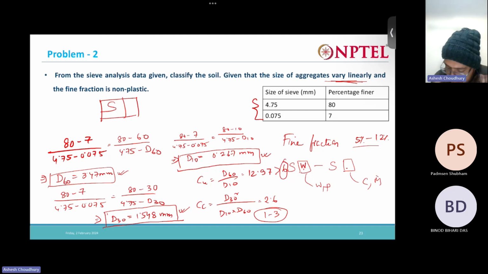Now for the second part, see, in the question there is no mention of plasticity index and liquid limit. But one thing mentioned in the question is that the fine fraction is non-plastic. If the fine fraction is non-plastic, what does this mean? Is it silt or clay?